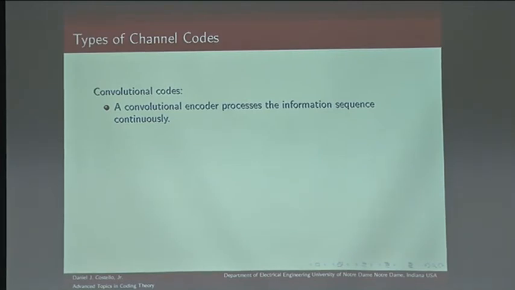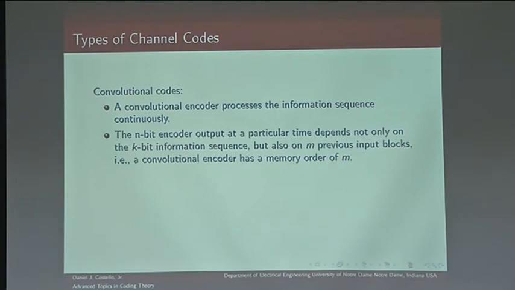Now, another type of code is a convolutional code. Rather than processing the information block by block, it does the processing continuously. Okay, I'll explain what I mean here in a second.